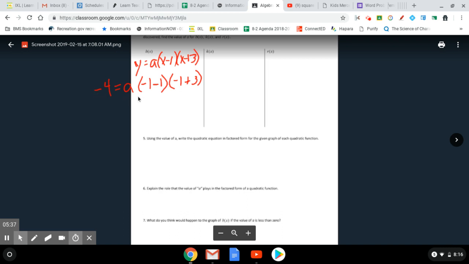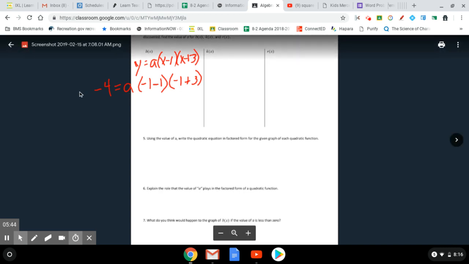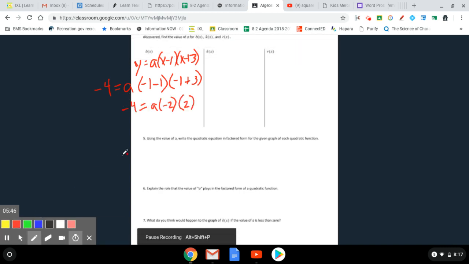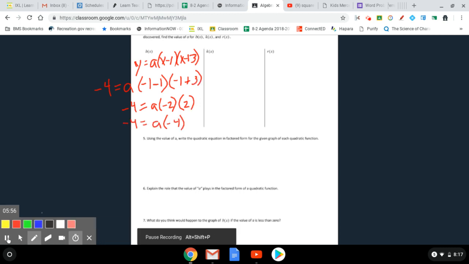So now the only thing I have missing is my a value. So I can solve for it. So that gives me negative 4 equals a times negative 2 times positive 2, which is negative 4 equals a times negative 4.